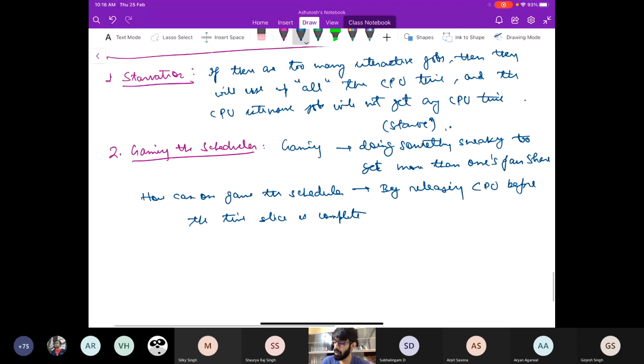So what will the scheduler do? We'll keep it at the same level, and we'll keep assigning it CPU again.